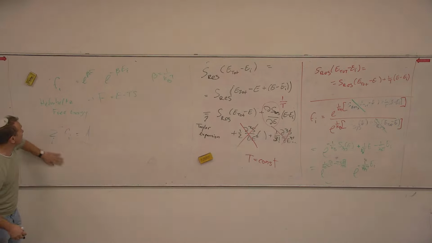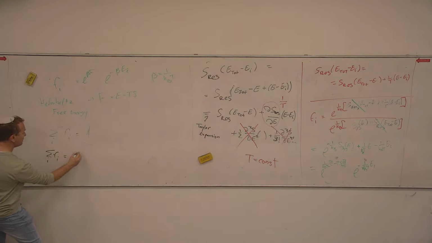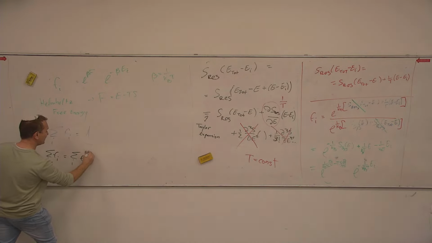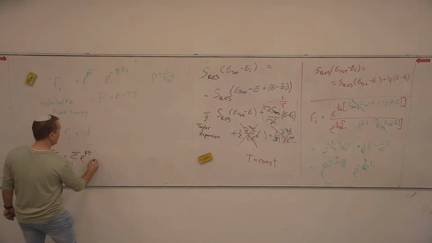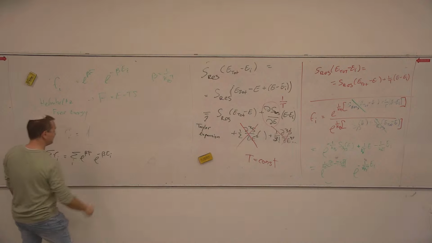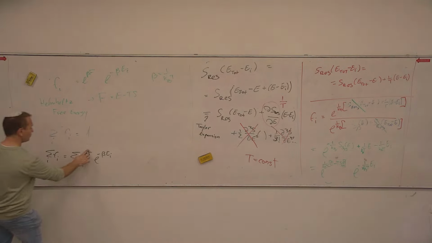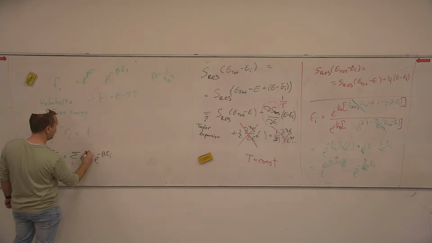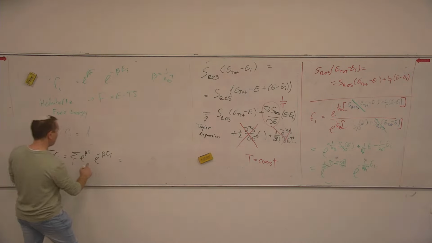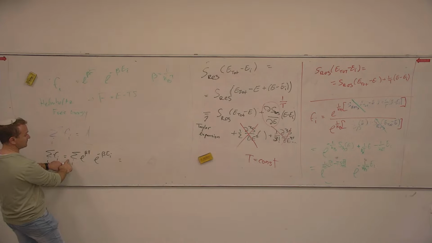So what do we have here? What is the sum over i of Fi? It equals a sum over i of e to the power beta F times e to the power minus beta Ei. Take this outside of the sum.